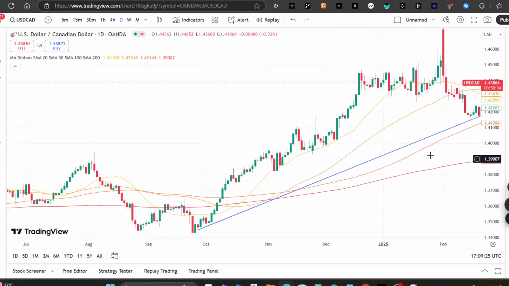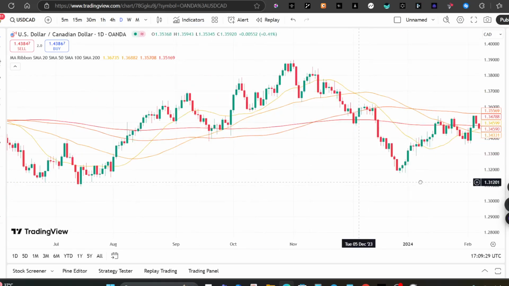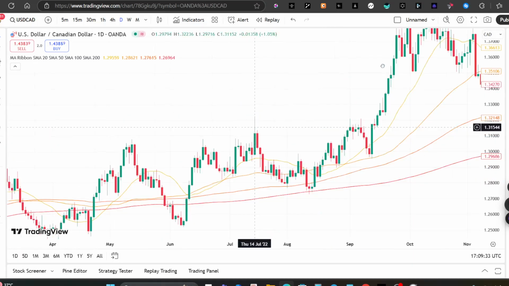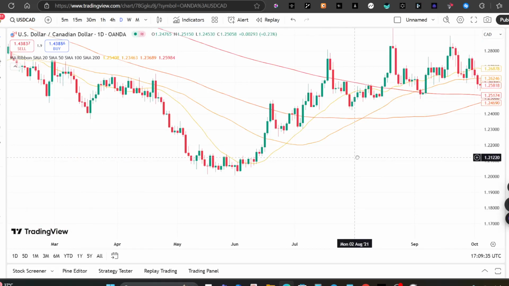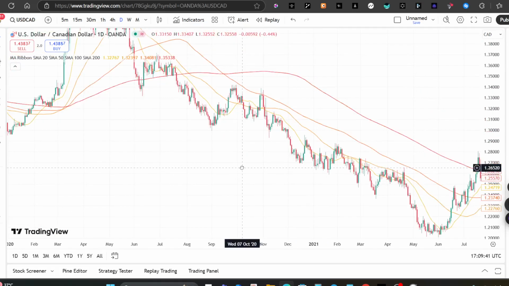Conversely, when the shorter term moving averages cross below the longer term moving averages, it could indicate that the market is starting to trend downwards, like you can see what happened here, right?